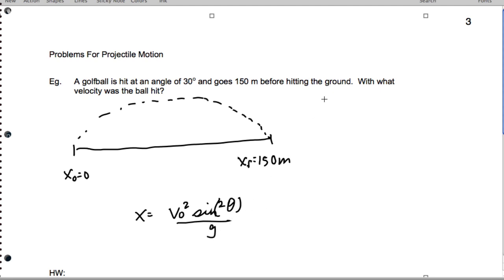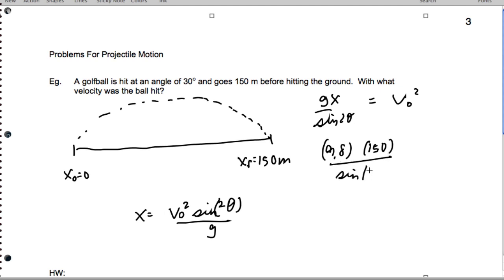So we're going to get g times x divided by the sine of 2 theta equals V naught squared. So we're going to plug in 9.8 times 150 meters divided by the sine of 60. We put all that under a square root and we'll get V naught. And when we do that, we're going to end up getting a speed of 41.2 meters per second.